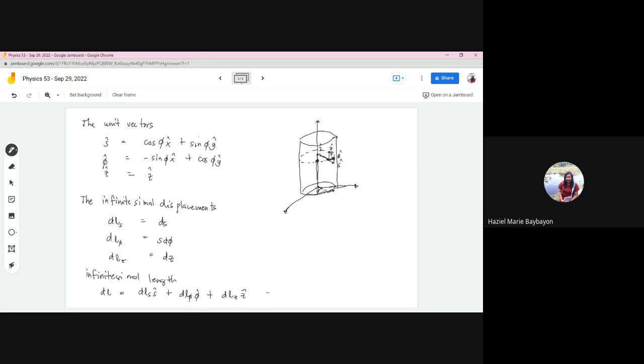This is equal to ds s hat plus s d phi phi hat plus dz z hat. So that is the infinitesimal length.